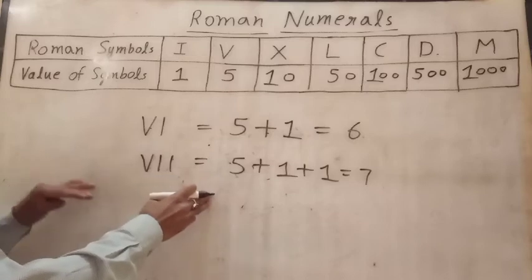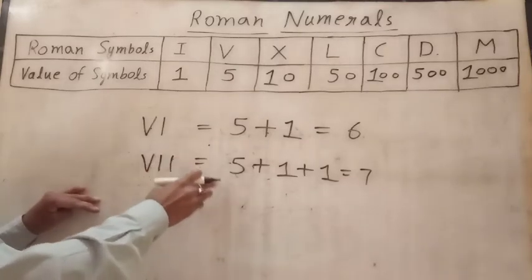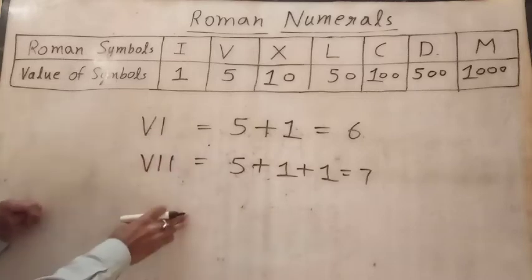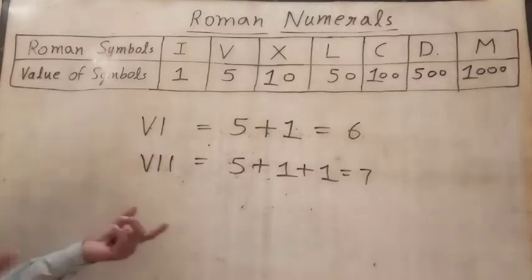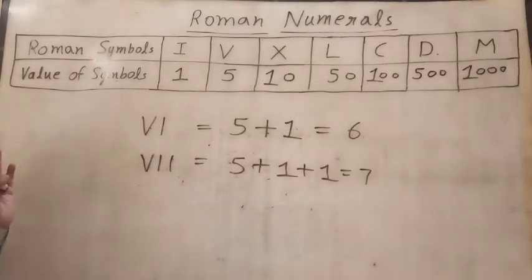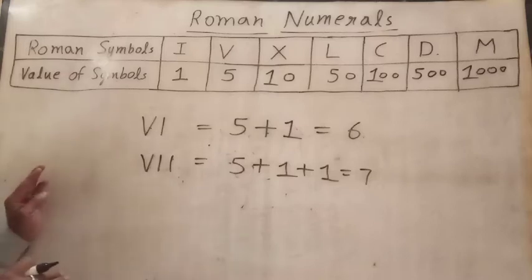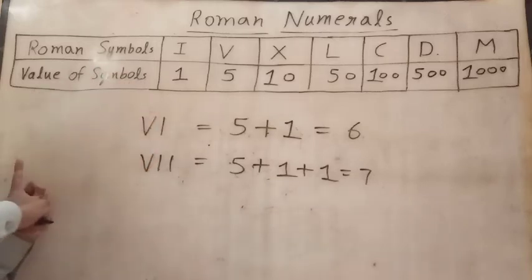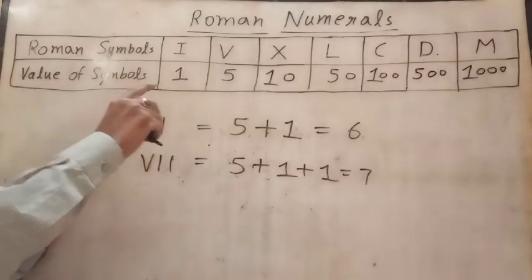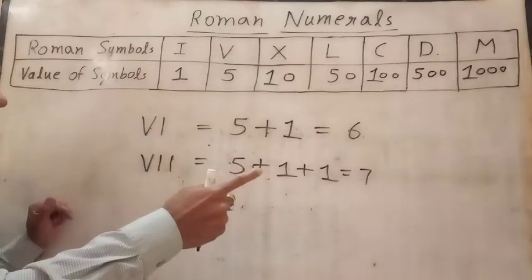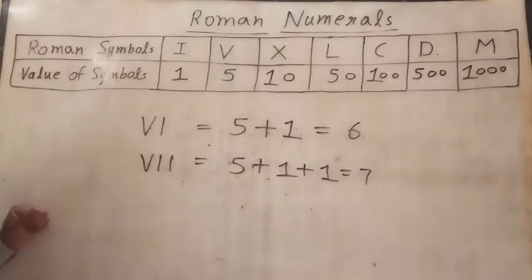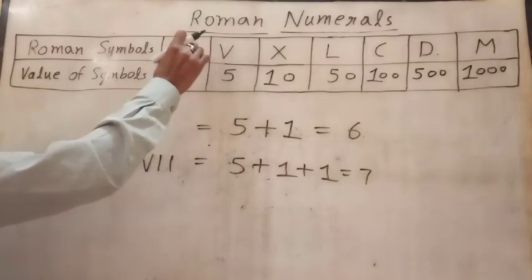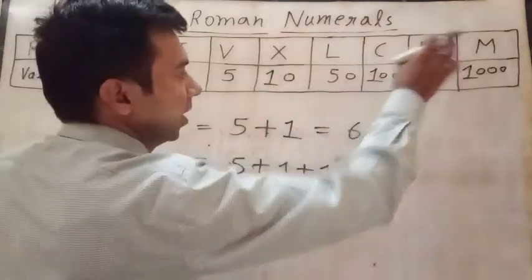So when we write the smaller Roman numeral to the right side of the greater Roman numeral, we add. But when we write the smaller Roman numeral to the left hand side, we subtract. This is the condition. And see, we can repeat I, X, C, M only.